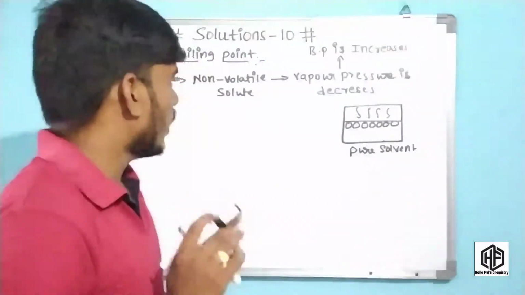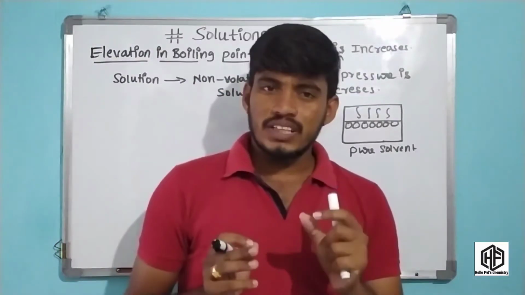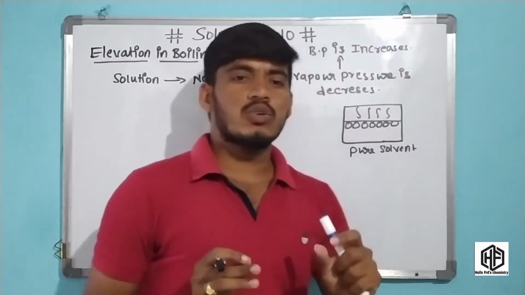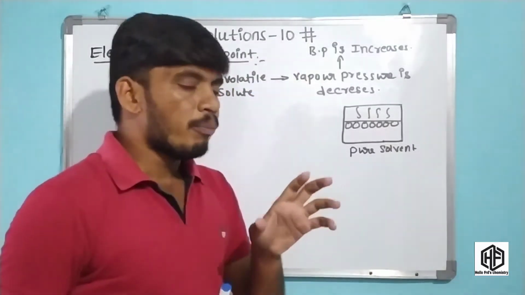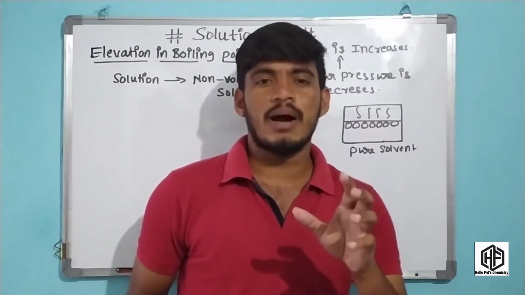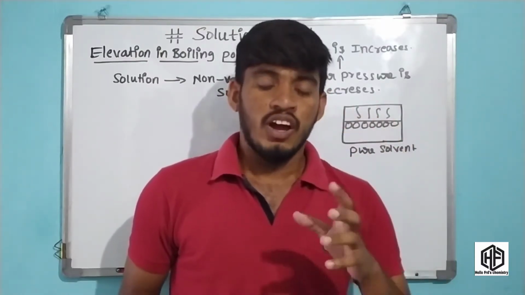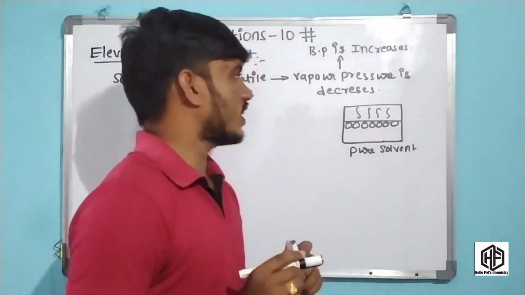Okay friends, the first point is that the pure liquid vapor pressure is very high compared to the solution vapor pressure. But the pure liquid boiling point is very low compared to the solution boiling point when a non-volatile solute is added. Okay friends, this is the basic concept.